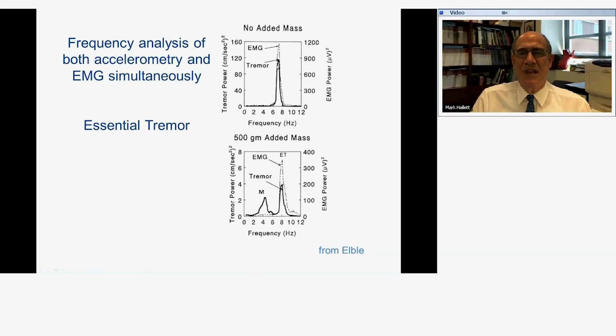The EMG and the tremor are going very strongly here. You weight the situation, and it basically remains the same, although you can split off, in some circumstances, a smaller mechanical component. You always potentially have a mechanical component, of course, because a body part is a physical object, and you can't escape the fact that it has a resonant frequency.